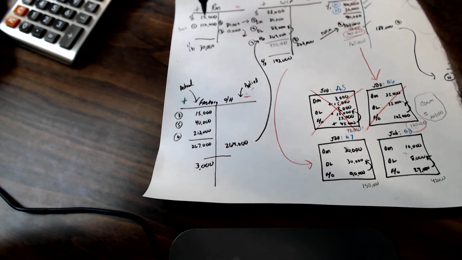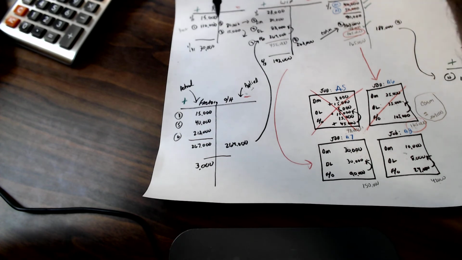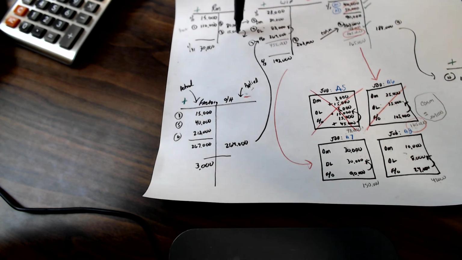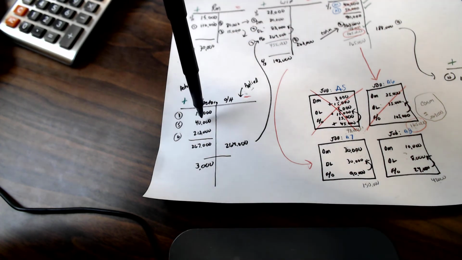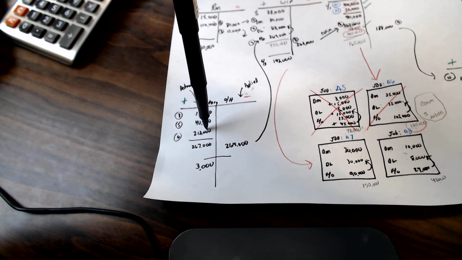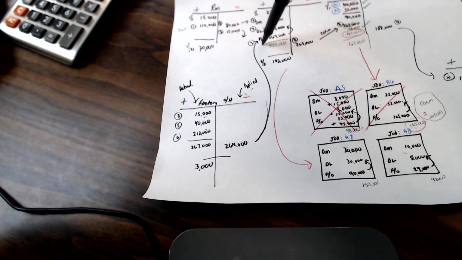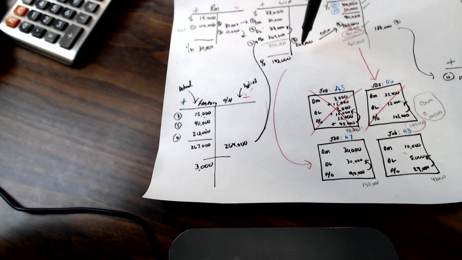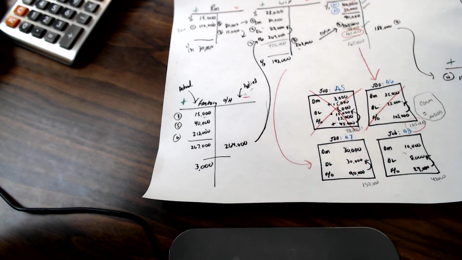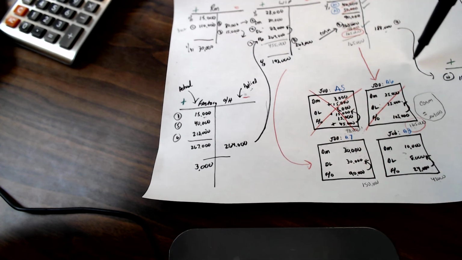The entries to record the purchase of raw materials, the usage of direct materials, the usage of direct labor, the usage of indirect materials, the incurrence of indirect labor, the incurrence of all the other factory overhead expenses, the application of factory overhead to work in process based on a predetermined rate, the reflection of jobs that were completed, transferring them to finished goods, and then the sale, which is 2 entries. Record the sale and then transfer its cost out of finished goods to cost of goods sold.